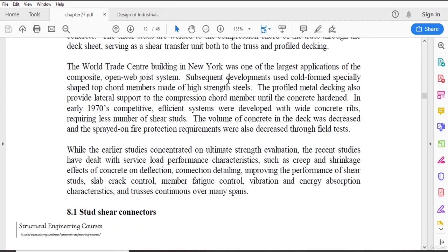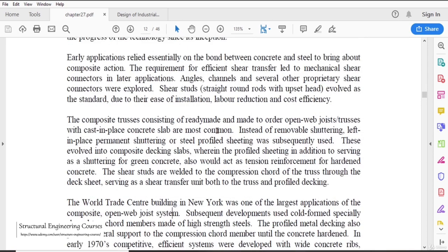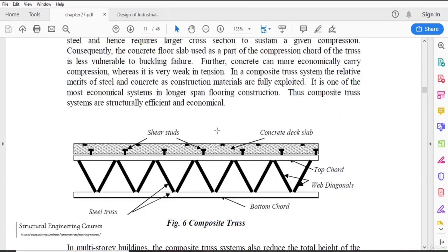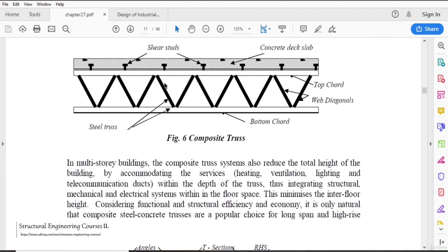So the World Trade Center was one of the largest applications of the composite open web joist system. Joist, I already explained in the previous lecture also. This is nothing but a joist, and the American standard also has separate design guidelines for the design of joist sections. As far as I can remember, the code committee was named SJI, the Steel Joist Institute, that specifically covers the design of the structural steel joist.